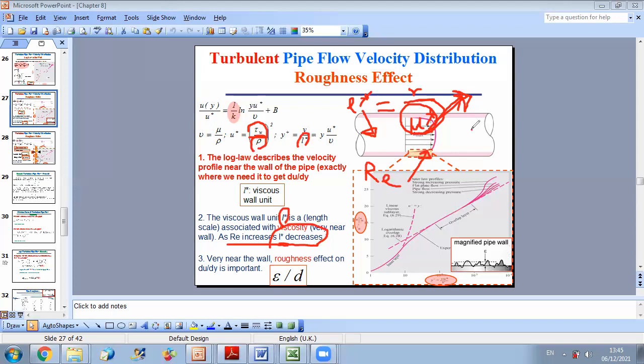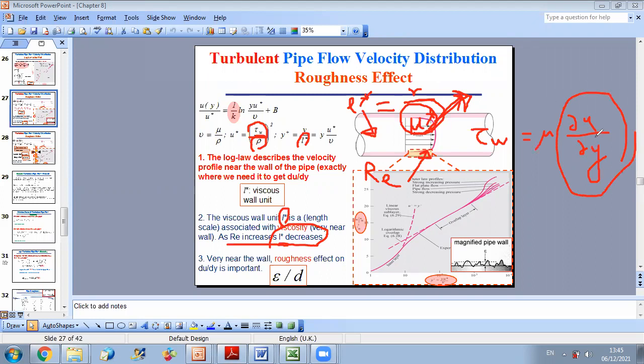Because you know that shear stress is related to the variation of U with Y. Shear is mu times del U by del Y. When you have a high Reynolds number, this will lead to a high gradient of velocity.